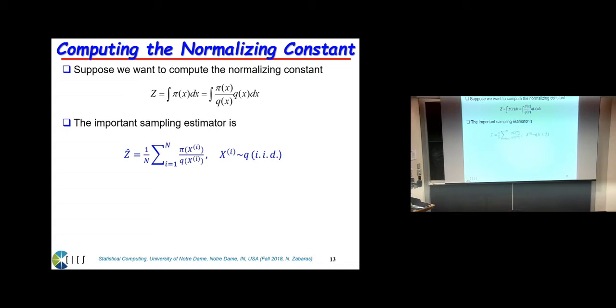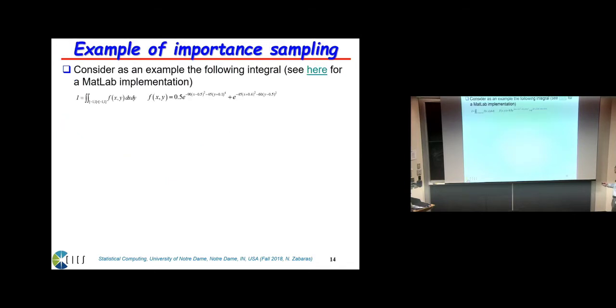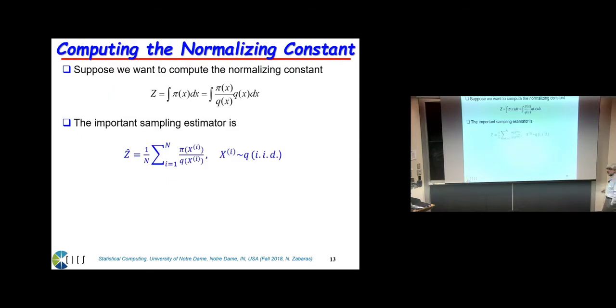Can you actually compute the normalization constant of the distribution pi with importance sampling? The answer is absolutely yes. If you divide and multiply by Q, then what you have is the expectation with respect to Q of pi over Q. So really the normalization factor, this is an amazing result, by the way. If you are going to do any research and you take samples and you want to calculate the normalization factor, you'll be surprised.